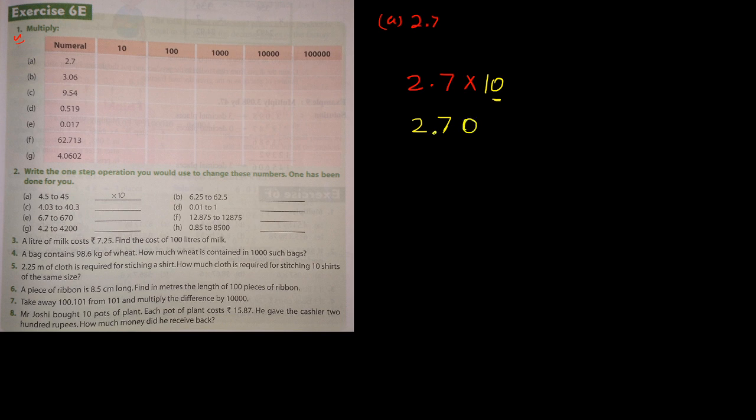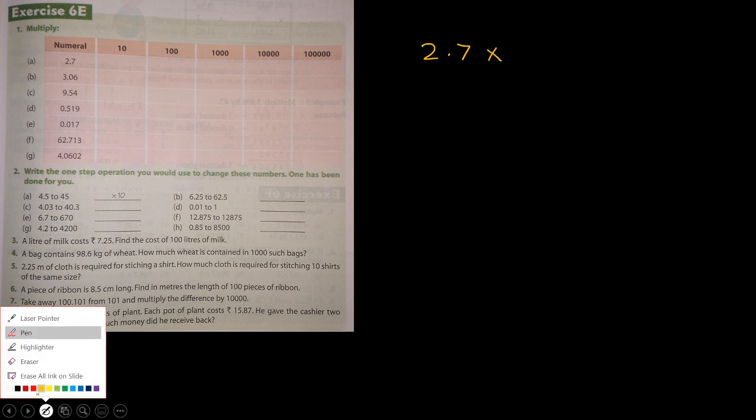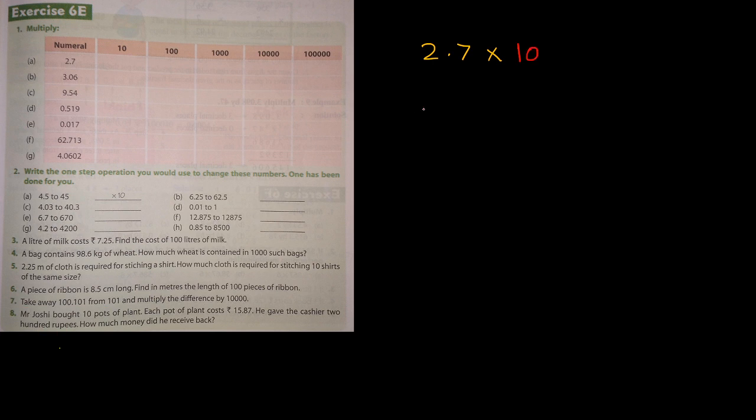It was 2.7, so write 2.70. Now because there is one zero, this decimal will shift one digit to the right hand side.